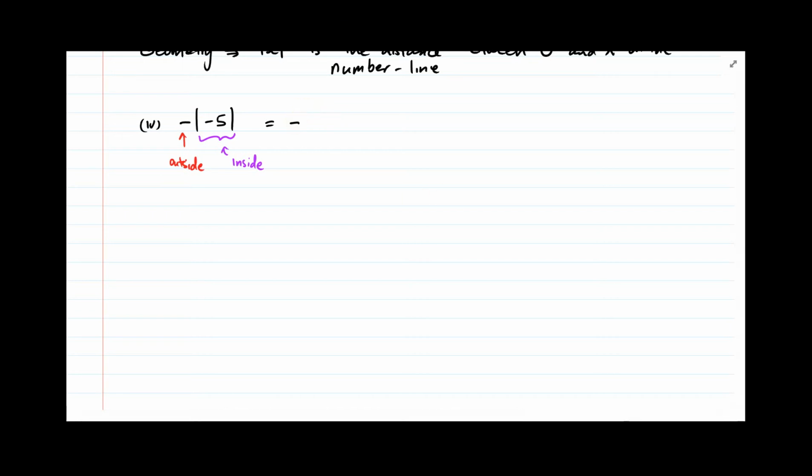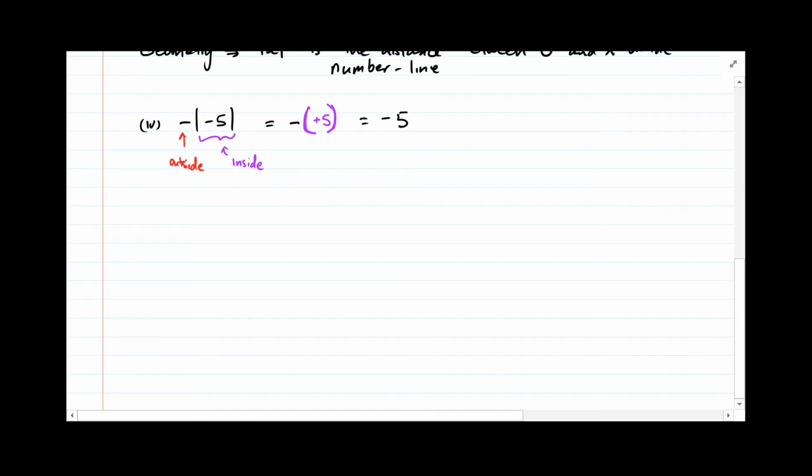And what do I end up with? The absolute value of -5 is positive 5. Right, so I'm just changing this to a regular bracket now. And my final answer is -5.